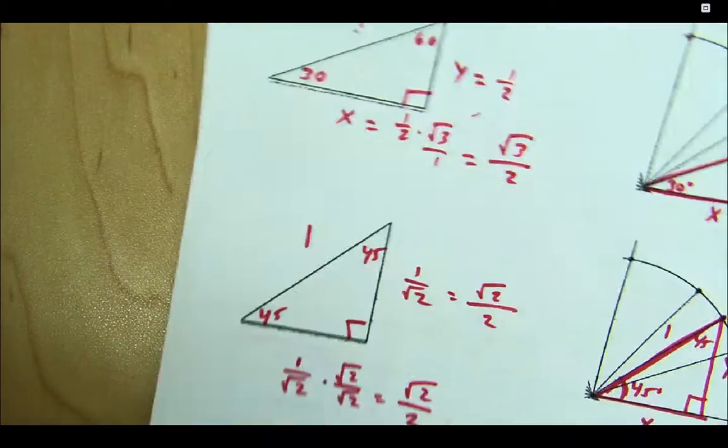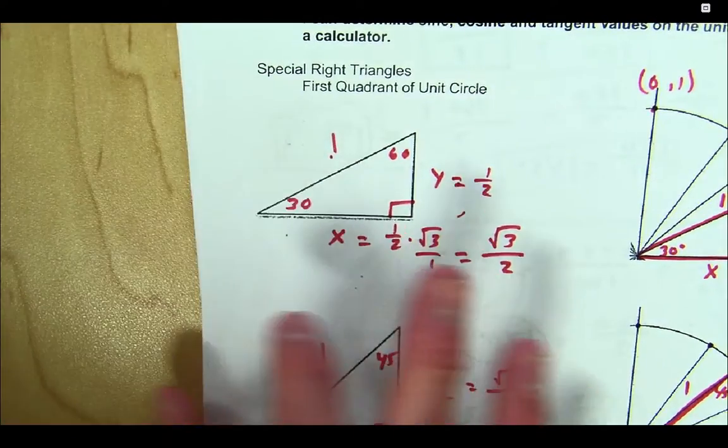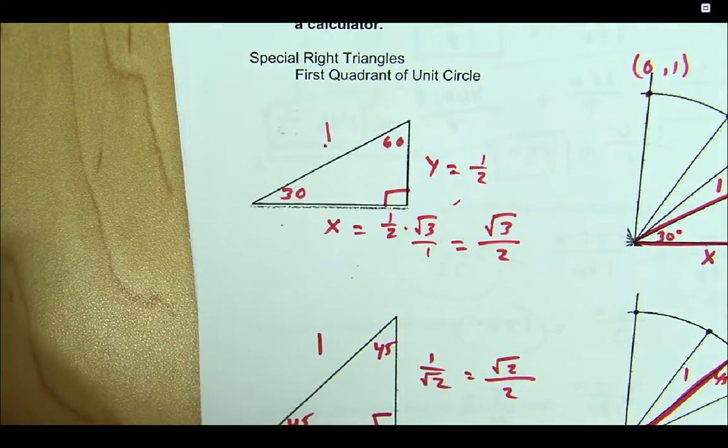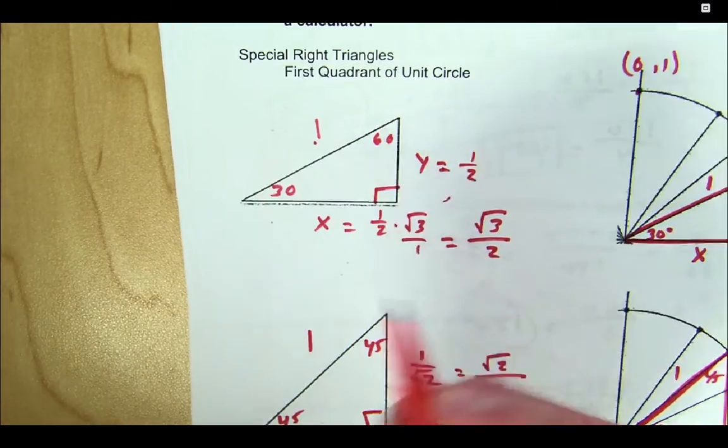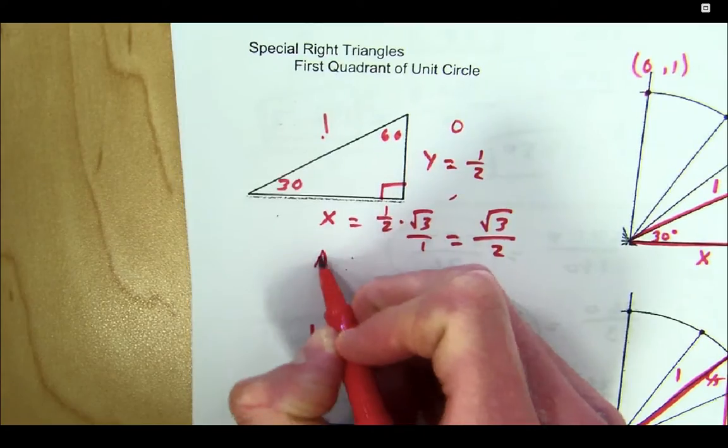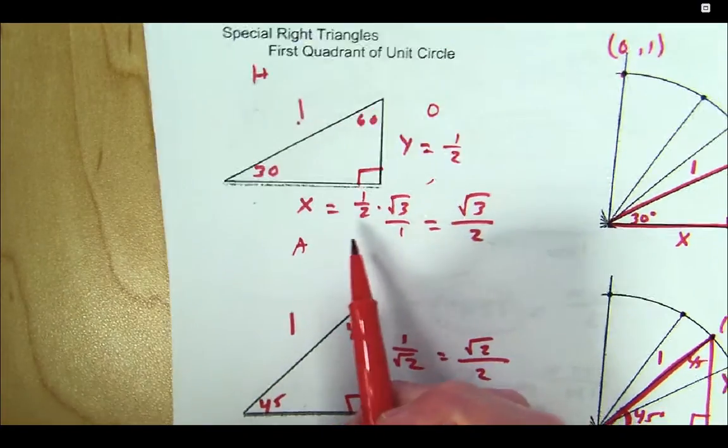So if you go back here and take a look at this 30, 60, 90 right triangle, if I just look at this 30-degree angle, from this 30-degree angle, I'm going to label O, A, and H for my SOHCAHTOA action.